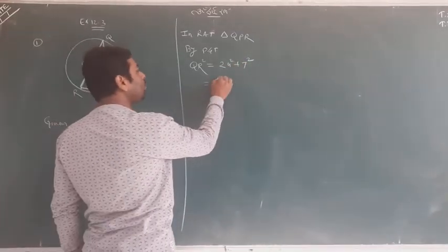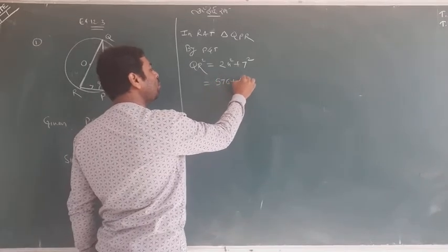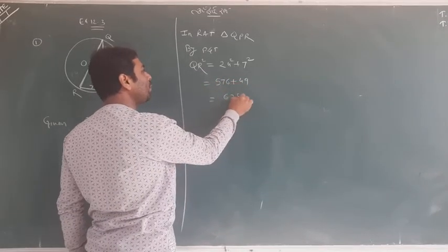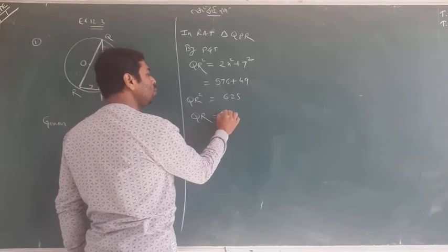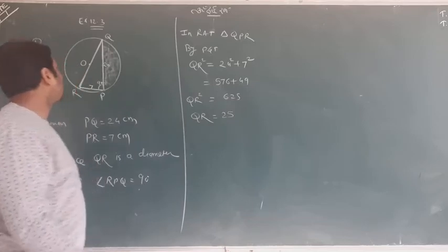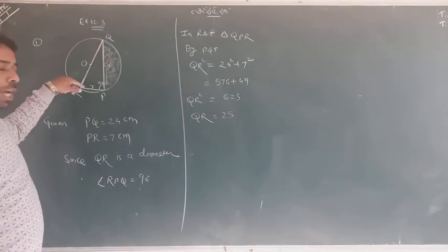So this is going to be 576 plus 49, which is 625, and QR equals 25. You have got QR, which is the diameter.